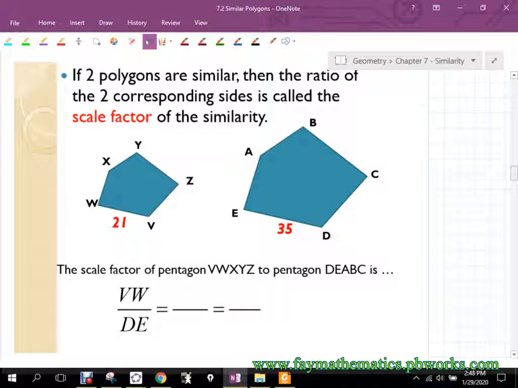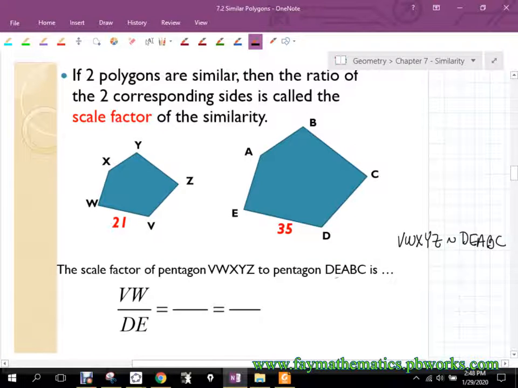Okay. I'm going to give you the similarity statement here. I'm going to say that VWXYZ, I apologize, similarity statement, is the same as DEABC. Okay. So what they're saying here then is that VW, which is the first two letters here, compares to DE, which are the first two letters there, right?